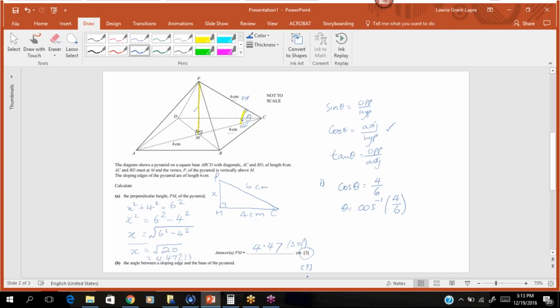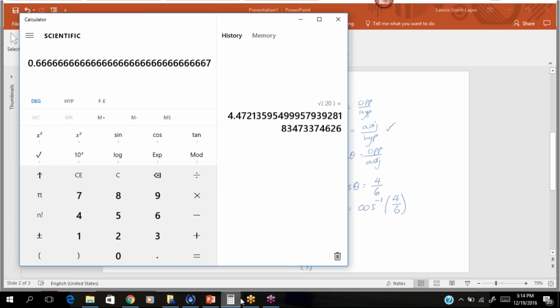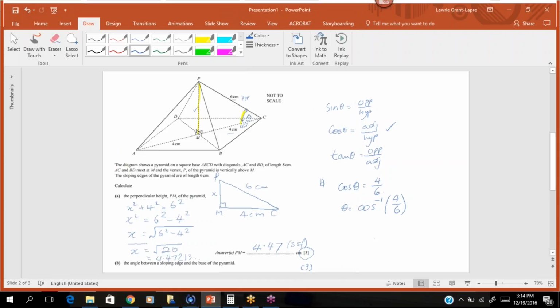This information then goes straight on your calculator, and you would go 4 divided by 6, and we want shift cos, so we want to get cos to the -1. And that would be 48.1896, etc., in degrees.